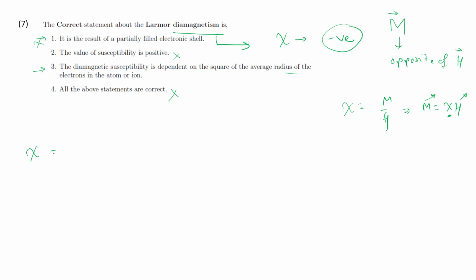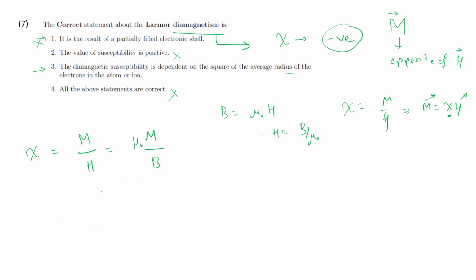This susceptibility is M over H, where M is the magnetization, and we know that B is equal to mu naught H, so H is equal to B by mu naught.